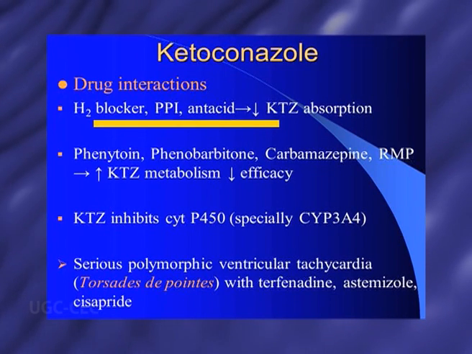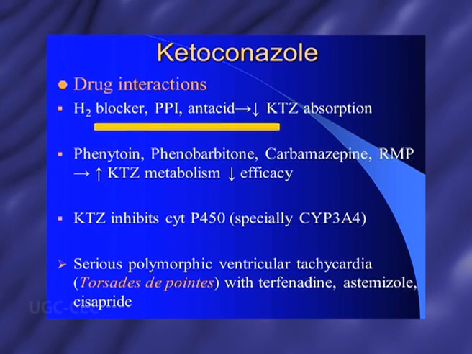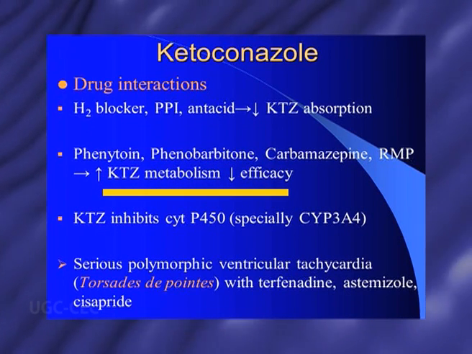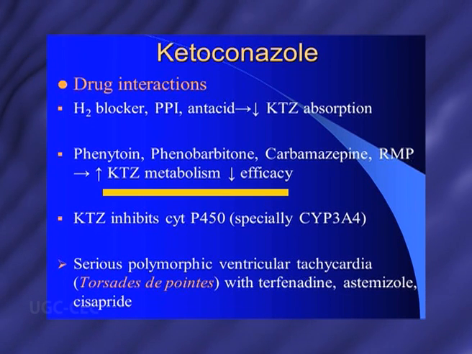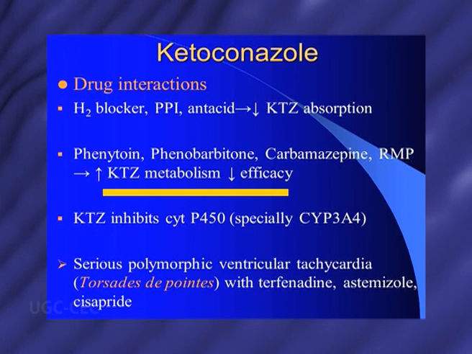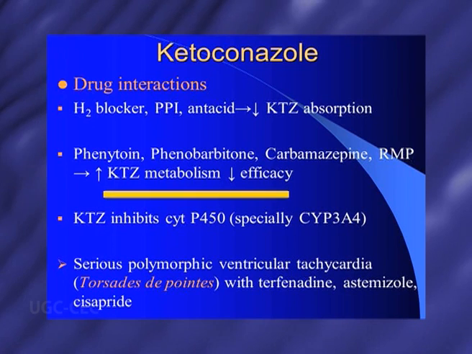Ketoconazole has a number of important drug interactions. When it is administered concomitantly with anti-ulcer drugs like H2 blocker, PPI, antacids, etc., the absorption of ketoconazole is decreased. Classical microsomal enzyme inducers like phenytoin, phenobarbital, carbamazepine, rifampicin, etc. induce the metabolism of ketoconazole and the blood level of the drug may fall, resulting in reduced efficacy.